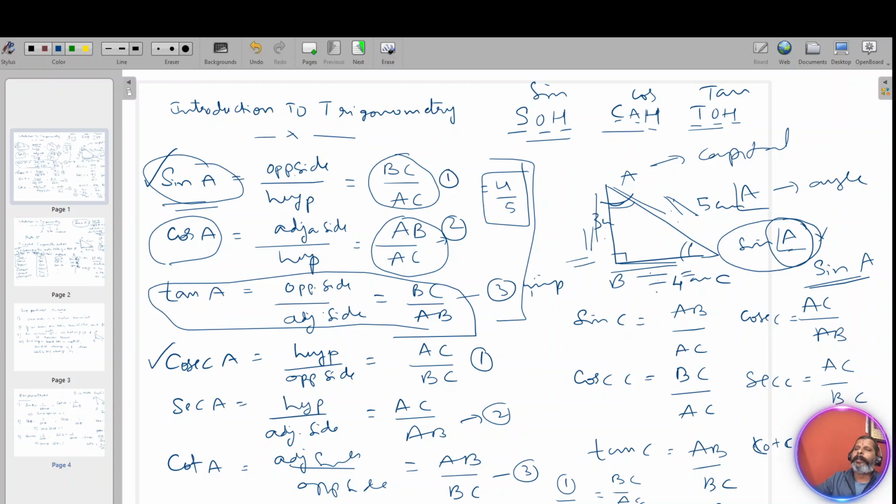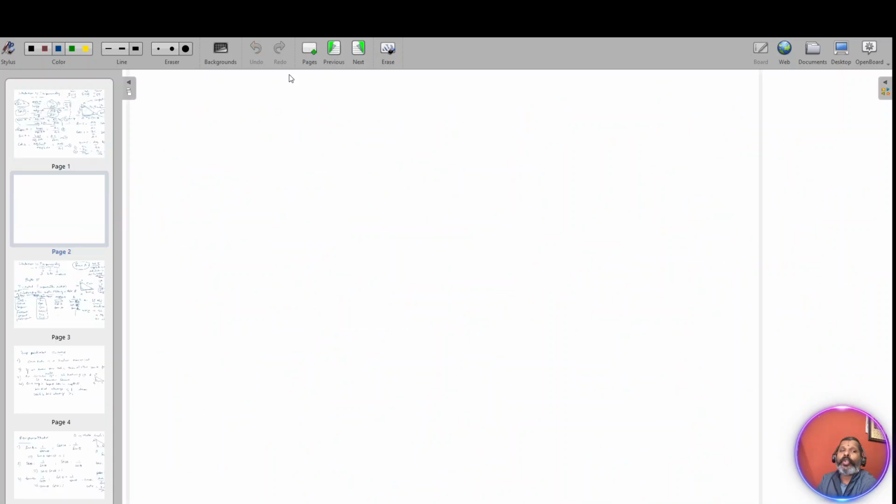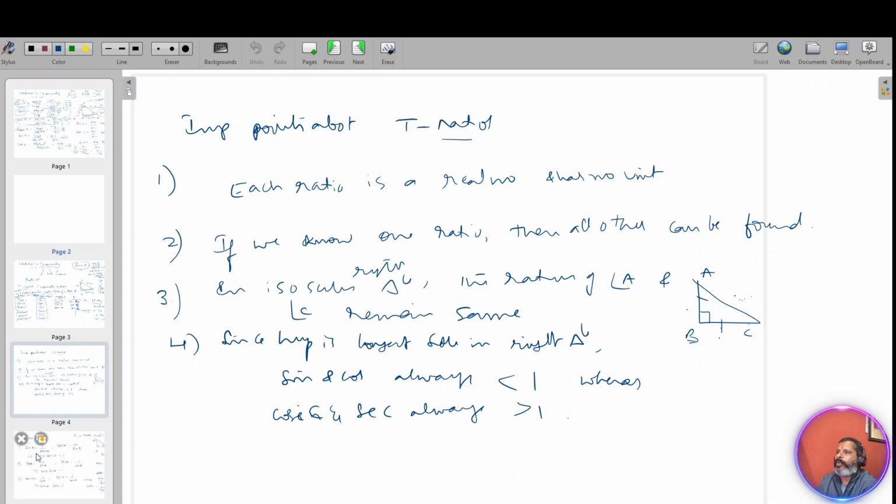Understand here, sine and cos. Sine by cos is a tan value. Understood? Just check out here. BC by AC whole divided by AB by AC. AC cancels. BC by AB is nothing but tan. So what we get is another ratio called quotient ratios. We just saw reciprocal ratios.